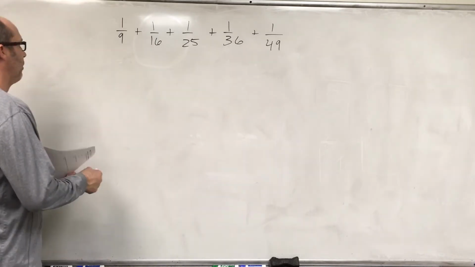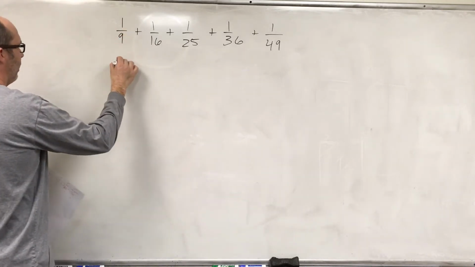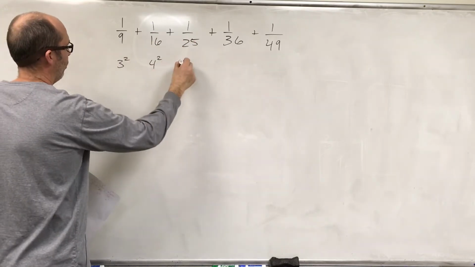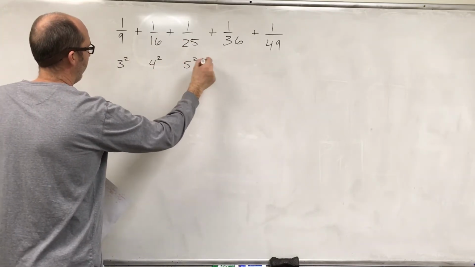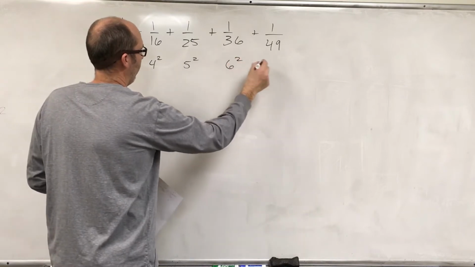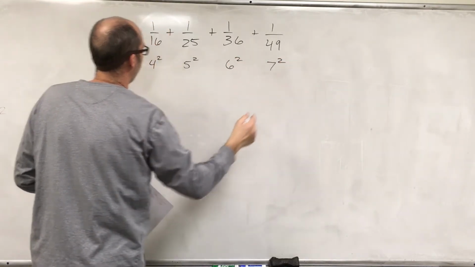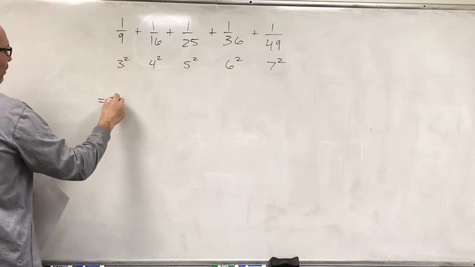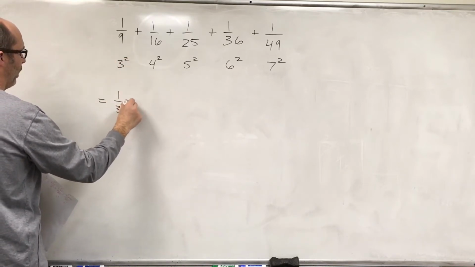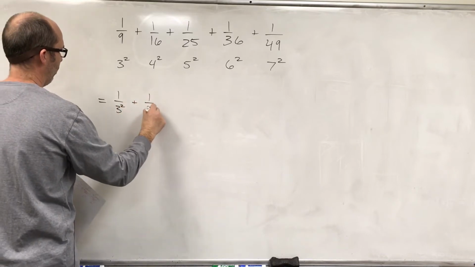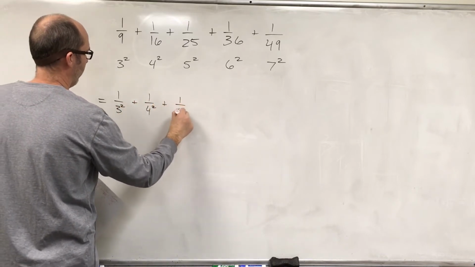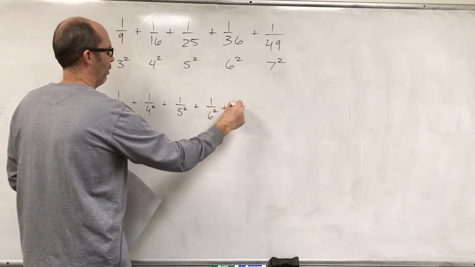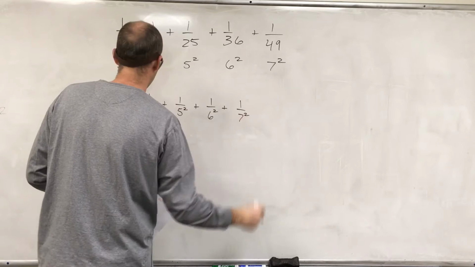Anyway, all right, so notice that 9 is 3 squared, 16 is 4 squared, 25 is 5 squared, 6 squared, 7 squared. All right, so this sum you can see is 1 over 3 squared plus 1 over 4 squared plus 1 over 5 squared, 1 over 6 squared plus 1 over 7 squared.